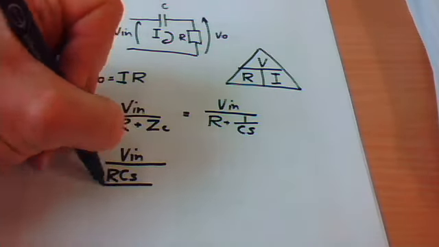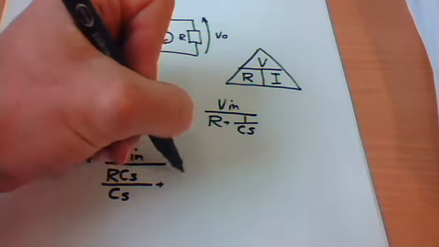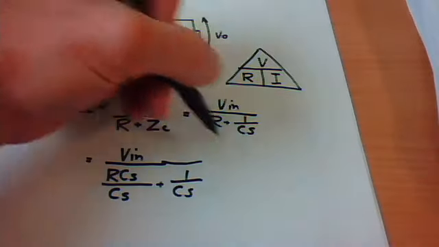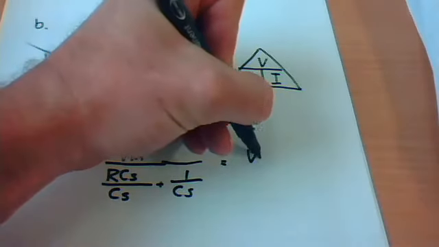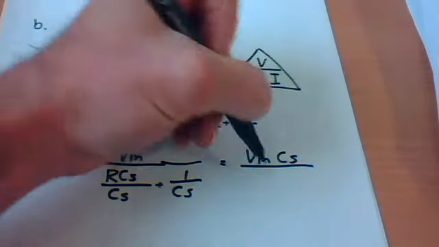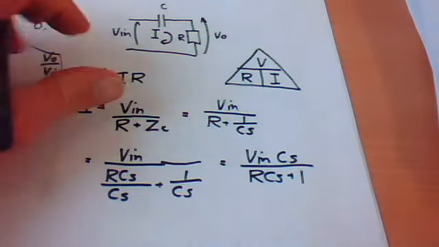Let's put it over a common denominator. And that's going to be RCS plus 1 over CS. And to further simplify that, we then have V in times CS over RCS plus 1, like that.